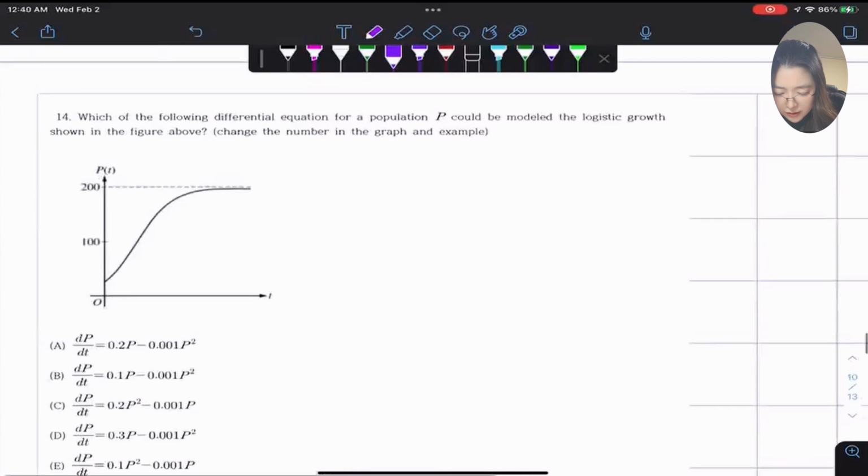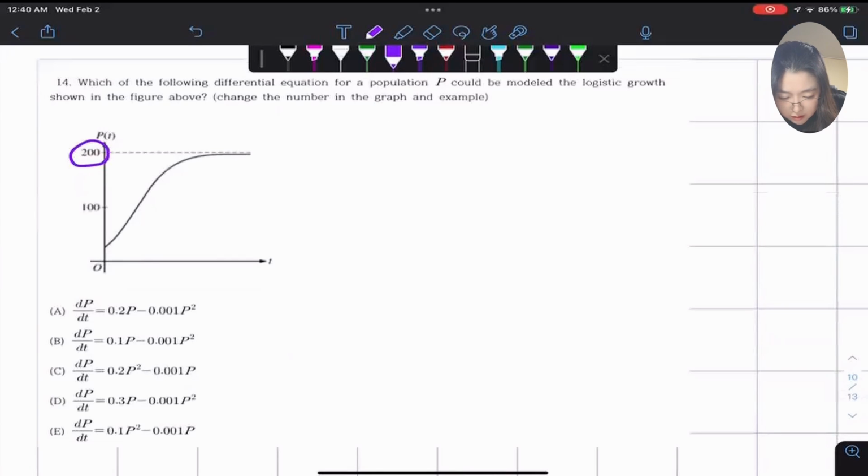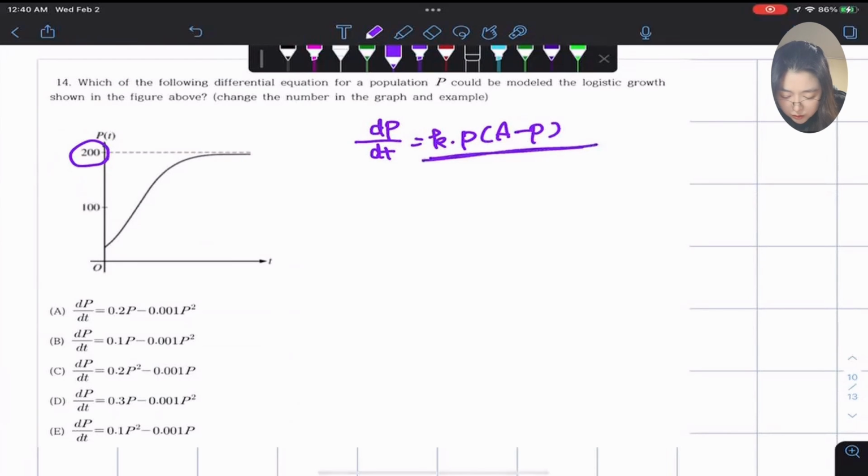Oh, in this graph, the limit value is 200. To figure out this form, dP over dt equals k times P times a minus P, you should extract the constants k and P in this example.